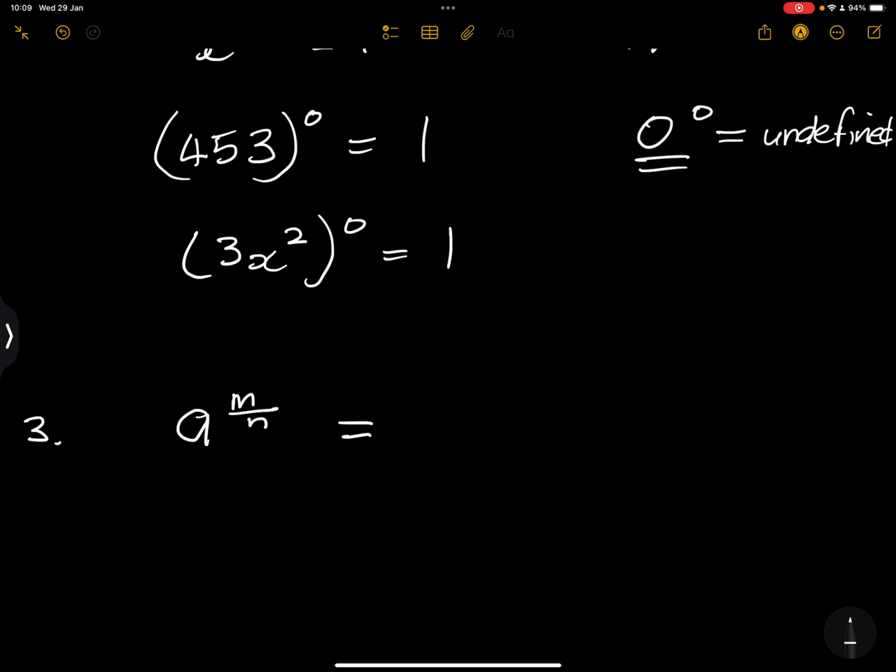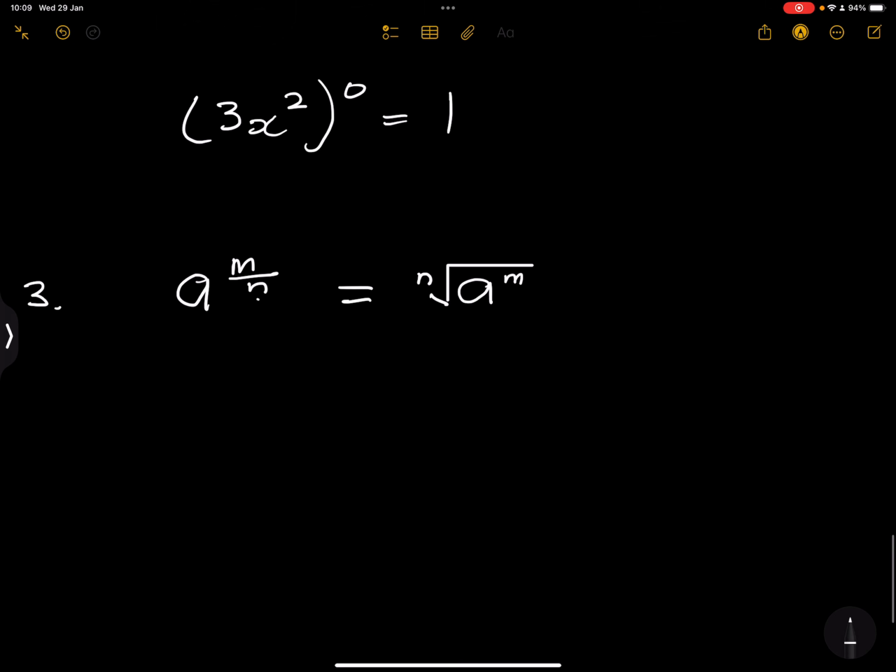So we can write this as a, with the denominator n as the nth root. The numerator still just remains as part of our exponent. Remember that we can write this conversely as well, meaning the other way around.